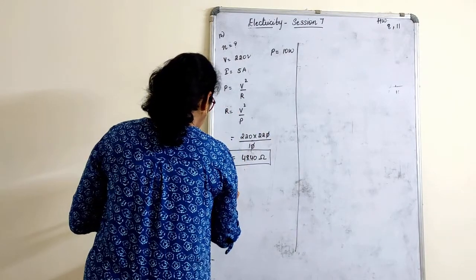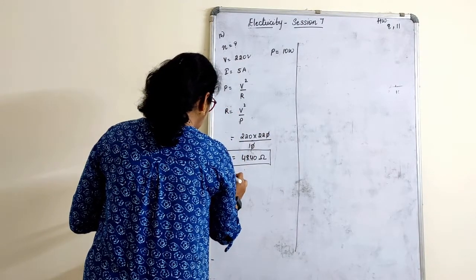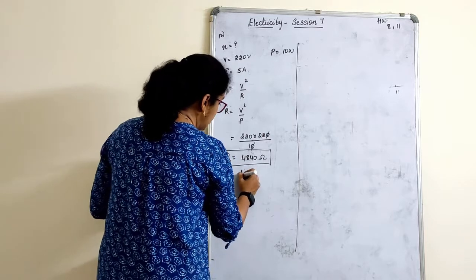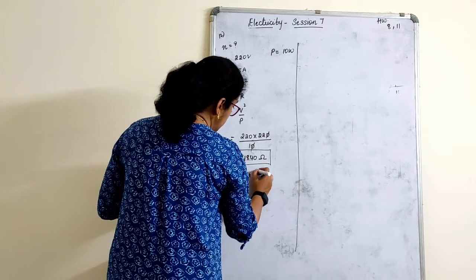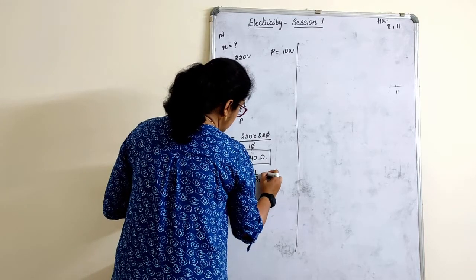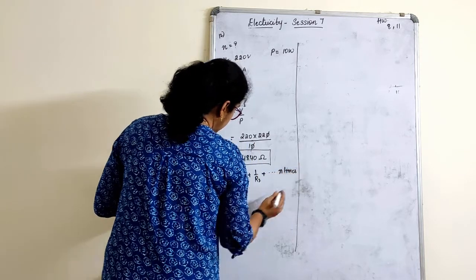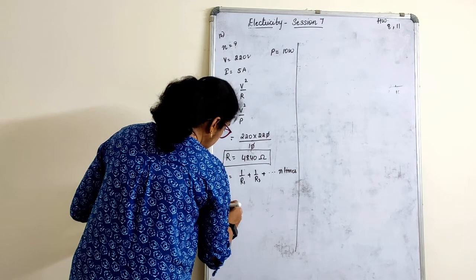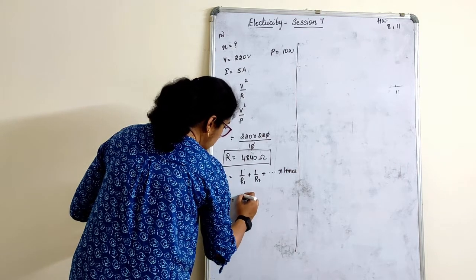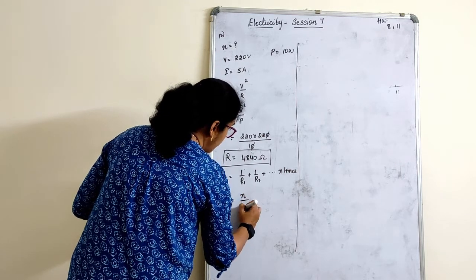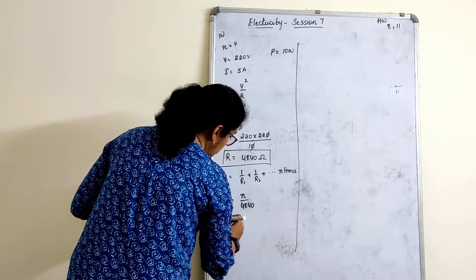Find R equivalent. R equivalent, because they have to be connected in parallel. 1 by R1 plus 1 by R2 plus dash dash up to N times. We don't know how many there are. So 1 by R equivalent is equal to N upon 4840.